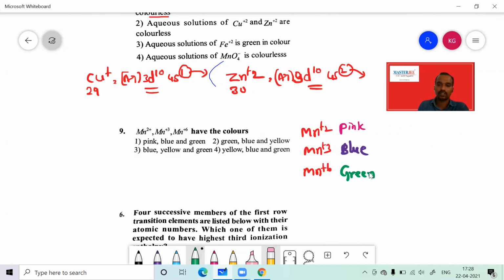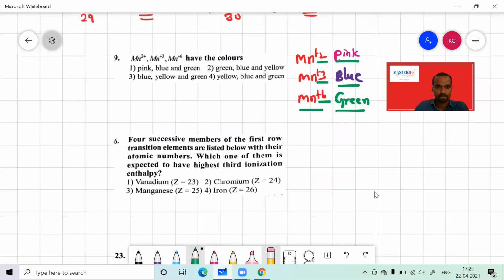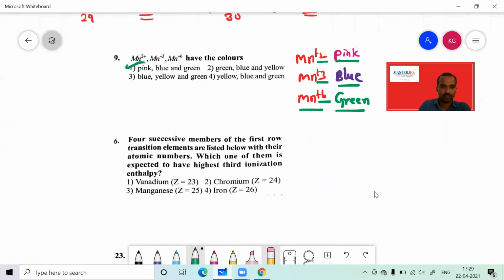This is a very important point. In a simple way you can remember it as PUBG for plus 2, plus 3, plus 6: pink, blue, green. It is easy to remember. So it is the first option.